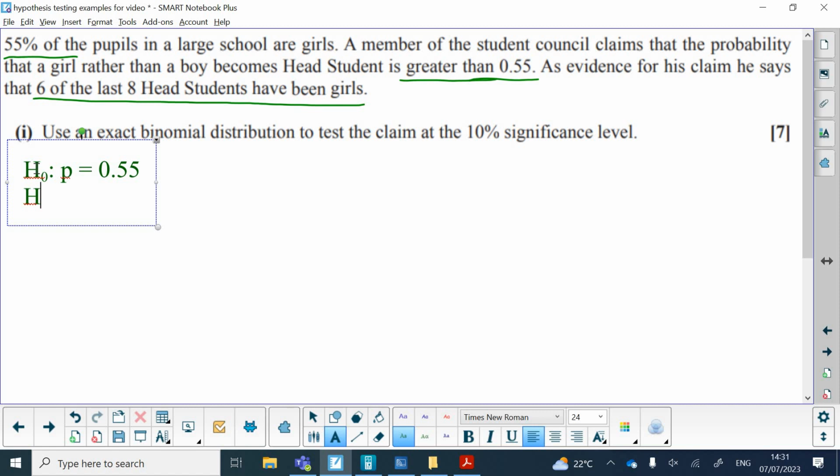Our alternative is the thing we're interested in, which is that it was claimed to be greater than 0.55. We have to define what P means. So P is the probability of a girl being head student.